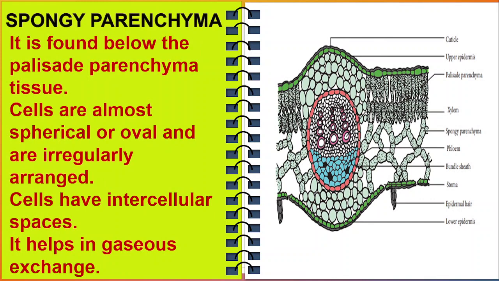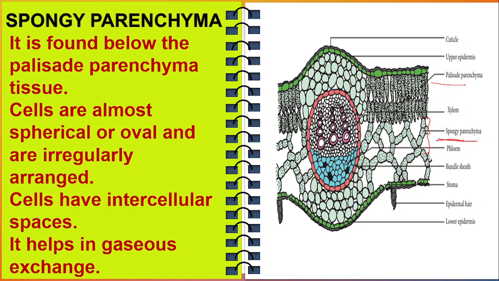The next one is spongy parenchyma. See, here is the spongy parenchyma. It is found below the palisade parenchyma. Cells are almost spherical or oval and irregularly arranged. That means there is no specific pattern of arrangement.